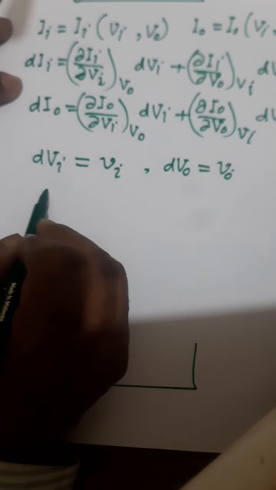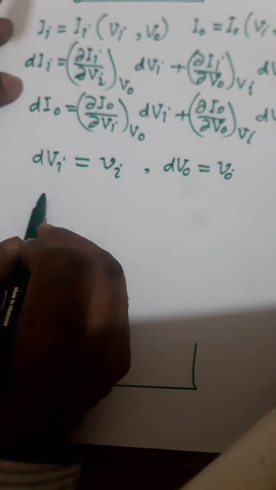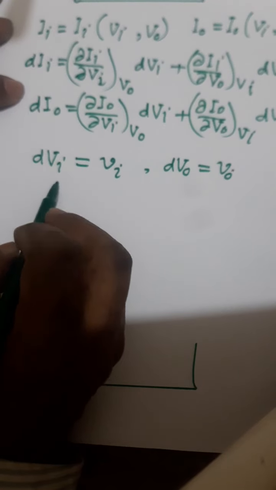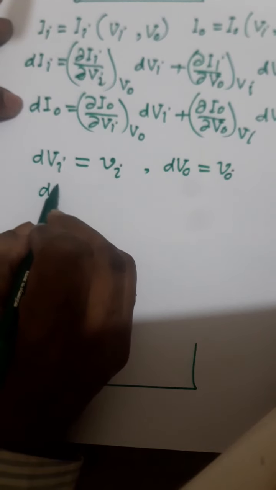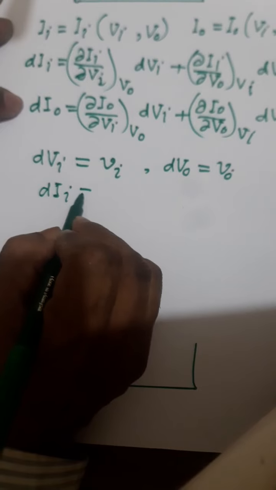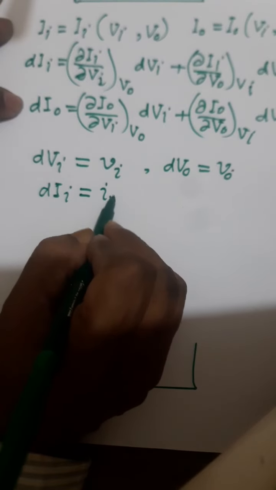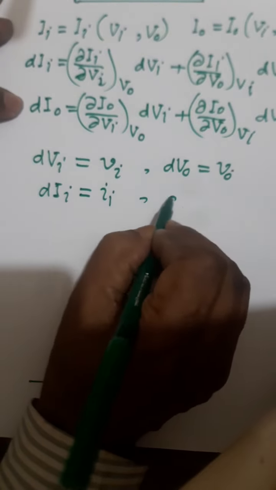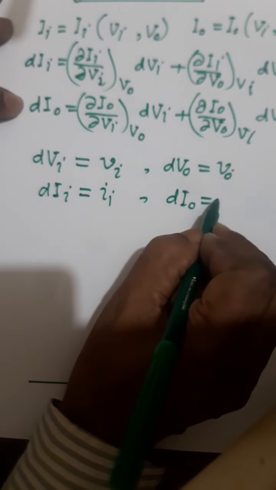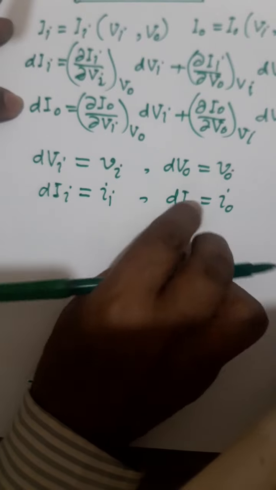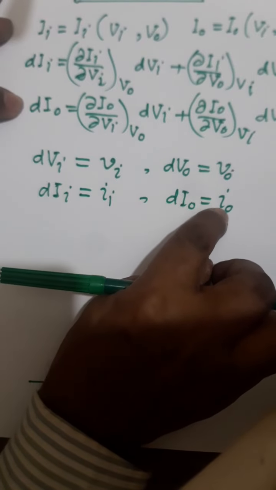Similarly, Ii and Io are DC currents and their changes are AC currents. That is, dIi is small ii, the input AC current, and dIo is small io, the output AC current.